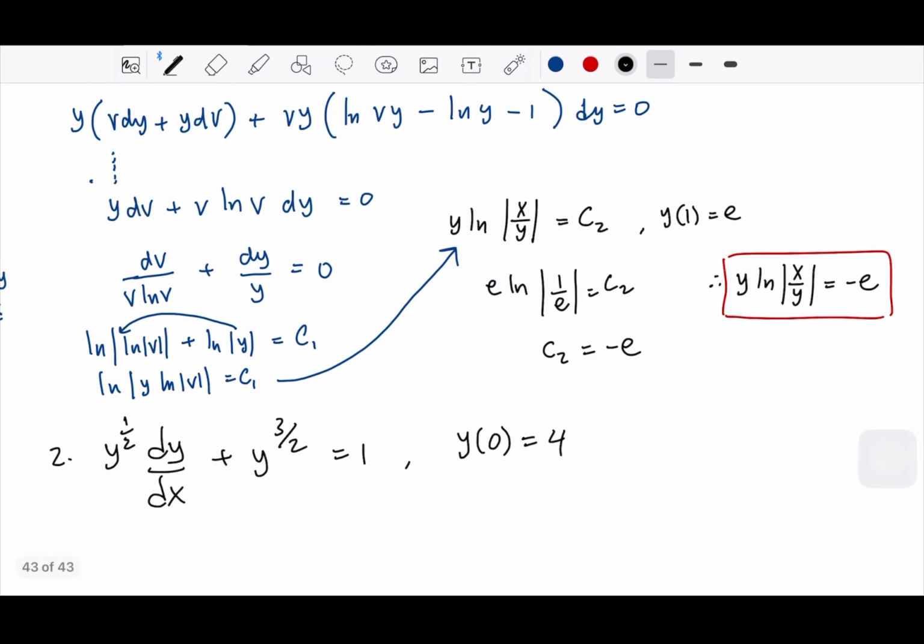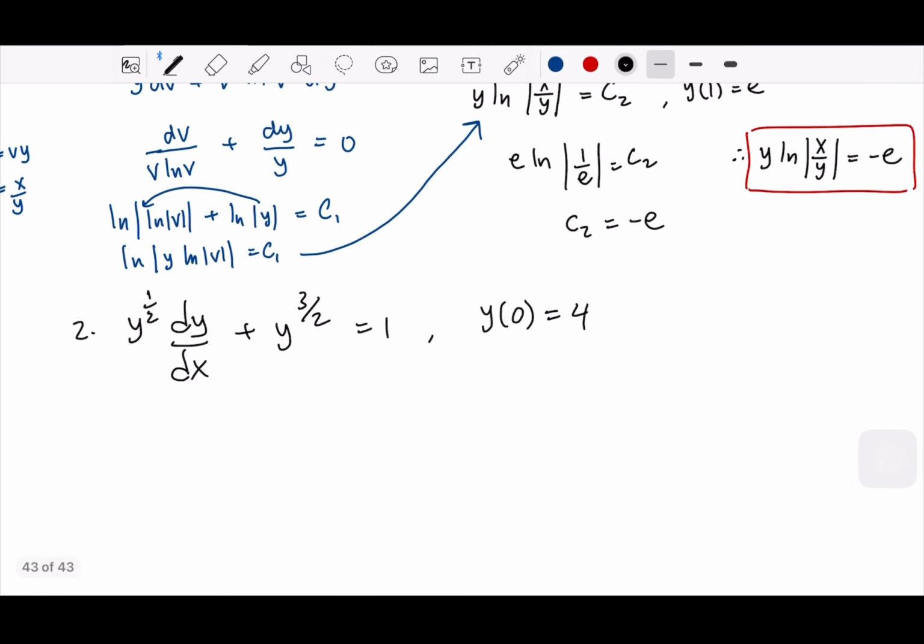Okay, the second one. Anyone finish the second one? Okay, this is the Bernoulli equation. So first thing, we make this dy by dx, so we divide all by y to the power of one half.